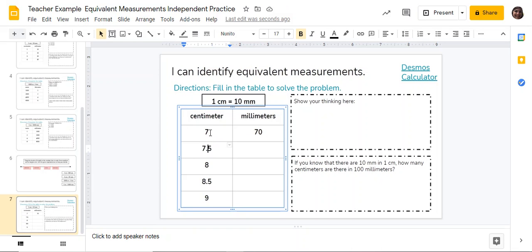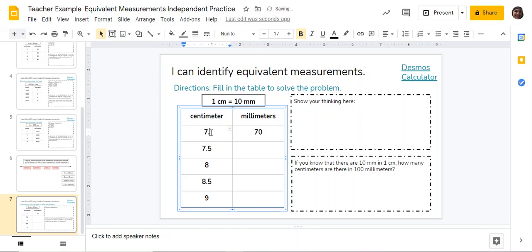Just like I did here, I times by 10, so 7 became 70. The same thing would happen here. Only now that 1/2 would be equal to, if you times by 10, 5, right? Half of 10 is 5. Or I can think about it this way.